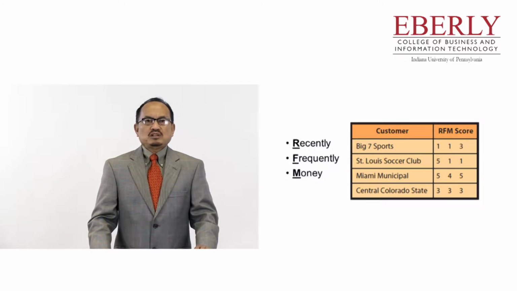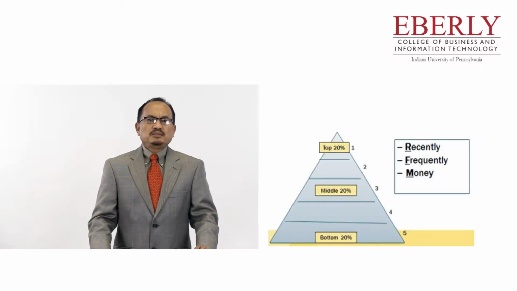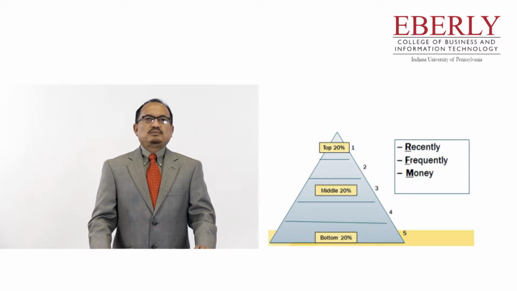To produce an RFM score, the RFM reporting tool first sorts customer purchase records by the date of their most recent, or R, purchase. In a common form of this analysis, the tool then divides the customers into 5 groups and gives customers in each group a score of 1 to 5.